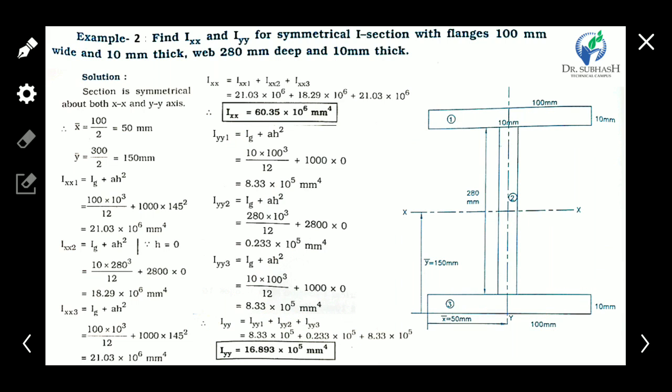So through the parallel axis theorem we can get the moment of inertia of a composite area, generated from any elements, and we can easily find the moment of inertia.